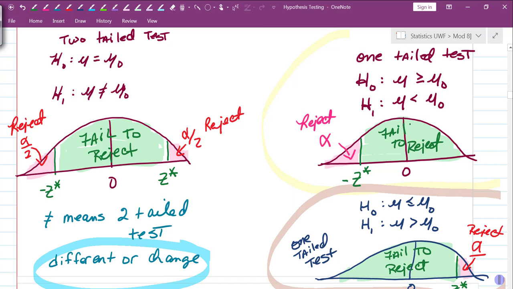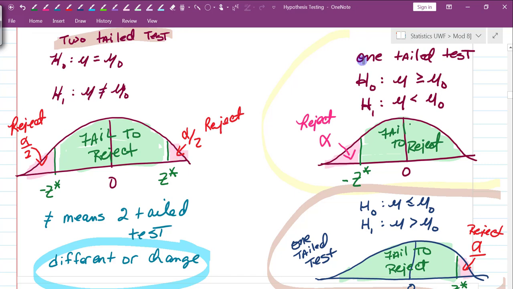Now, we have our two-tailed test up here, and that means we split the error, the alpha, into each tail, okay? And that occurs when we say cannot equal. When it cannot equal, if it's less than or greater than, either scenario, it's not equal, therefore we have a two-tailed test.